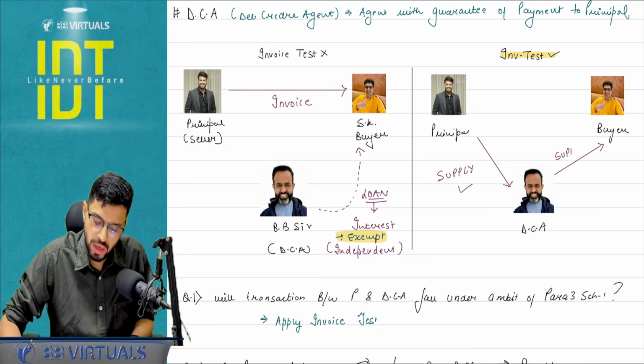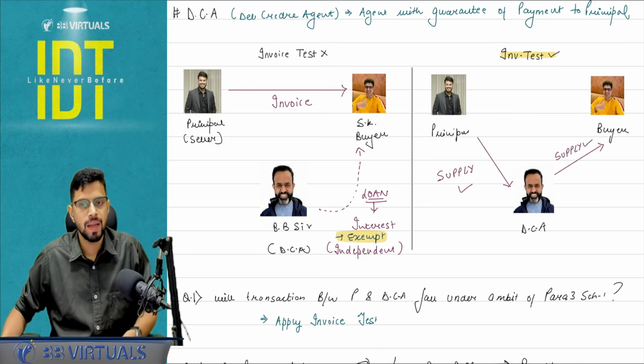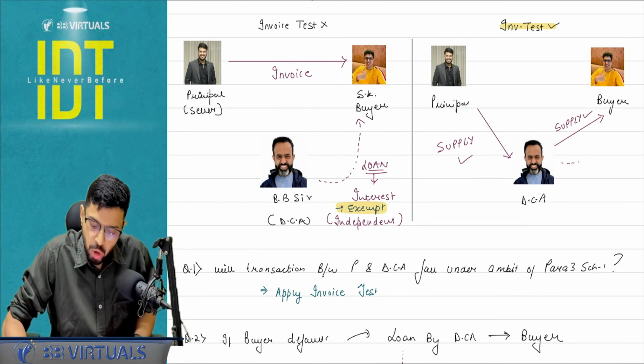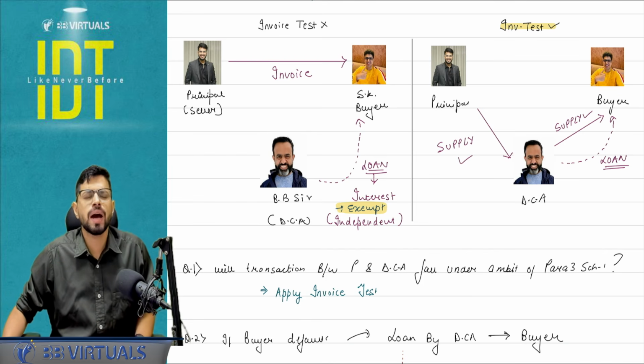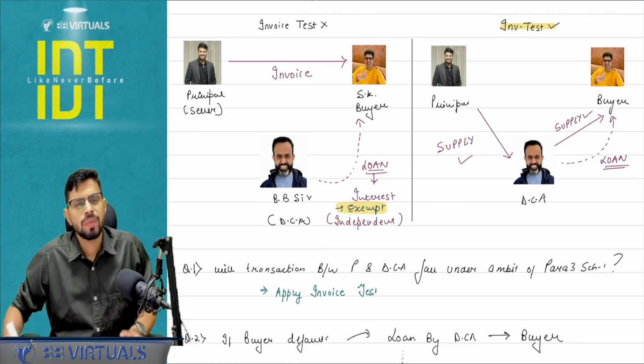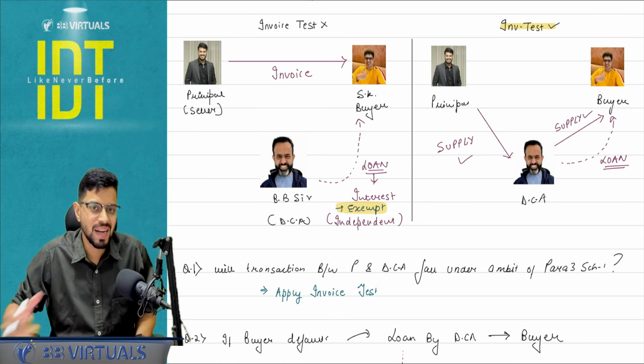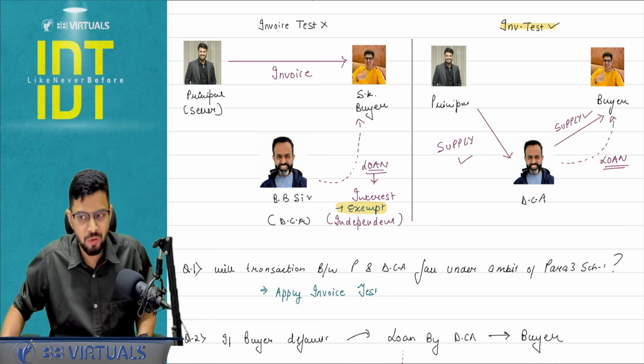So this is also another supply because the invoice test has passed. And now BB sir has given a loan to the buyer because the buyer has defaulted. If the buyer does not default, why will we talk about interest on loan? This entire analysis will be only when the buyer defaults, right?